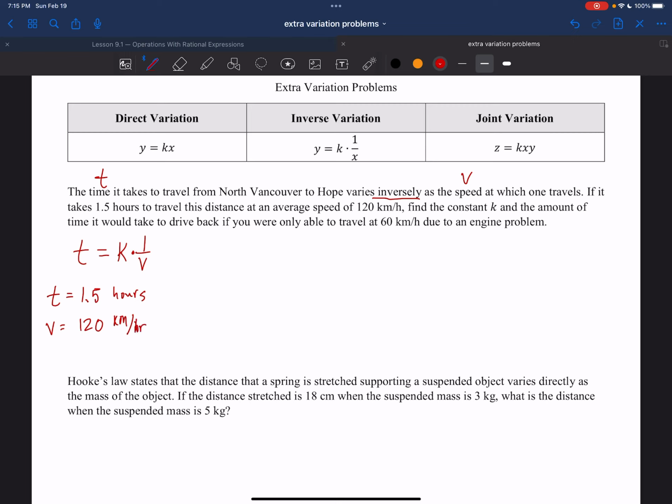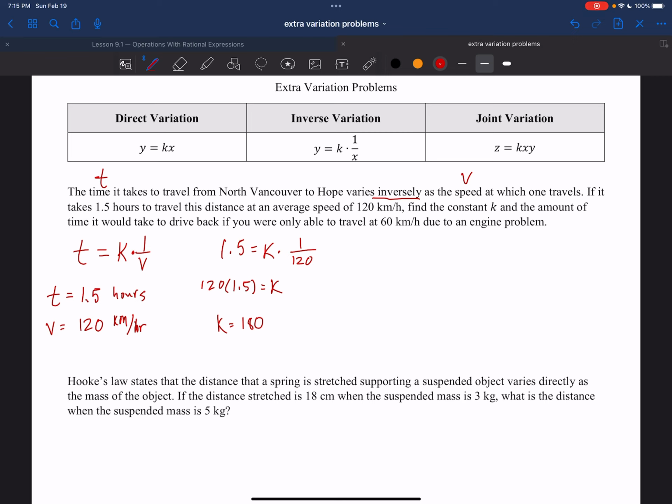Okay, so we can use this information to find out what k is. Just plug in t. t is 1.5 equals k times 1 over 120. So I'll multiply 120 to the other side. That's 120 times 1.5. What's half of 120? 60. So k equals 180. Okay? All right.